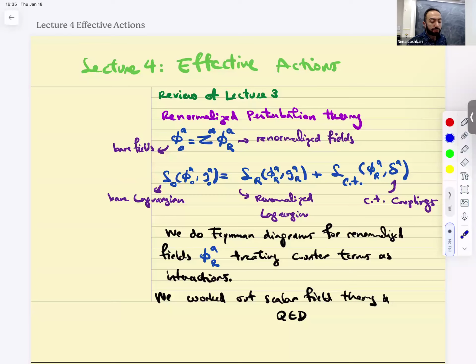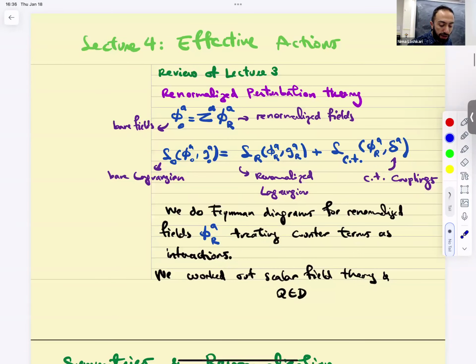So far it's just like shuffling things around. What's called renormalized perturbation theory is taking this action and doing Feynman path integrals or perturbation theory for the renormalized fields, treating these counterterms as interactions and just including them in your Feynman diagrams, right? So there will be new Feynman diagrams due to the counterterms.